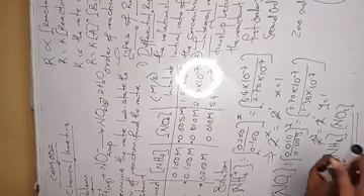The next one says state the order of the reaction. And I told you the order of the reaction is just the sum of the individual orders, the sum of the exponents, which is the sum of the powers. So what would that give us here?